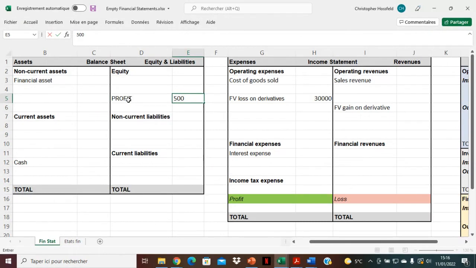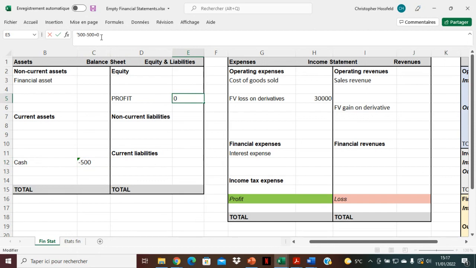First alternative, an extreme solution: I could pay all those profits out as dividends. Why not? If we pay dividends of 500, what does that mean? That means there will be a cash outflow of 500, and the profit that is accounted for in equity is completely distributed to shareholders.